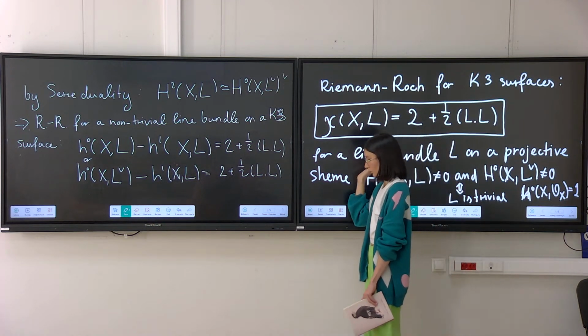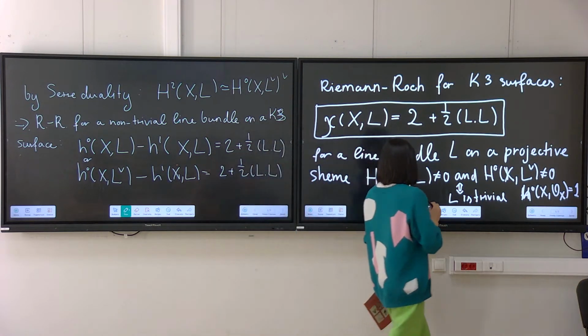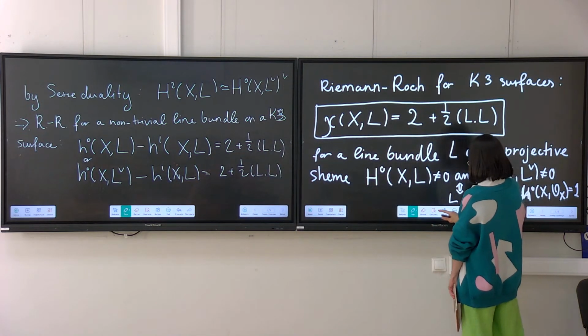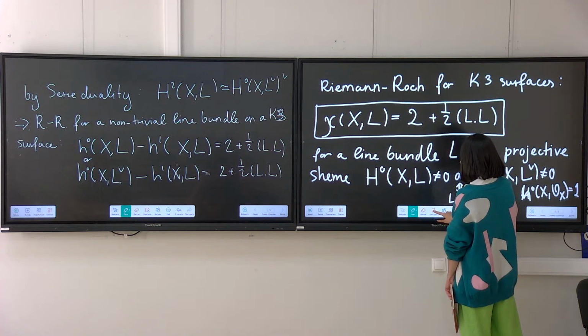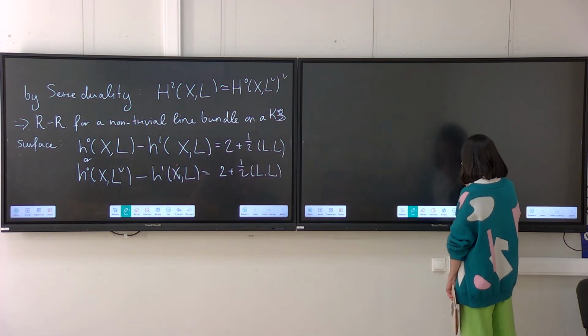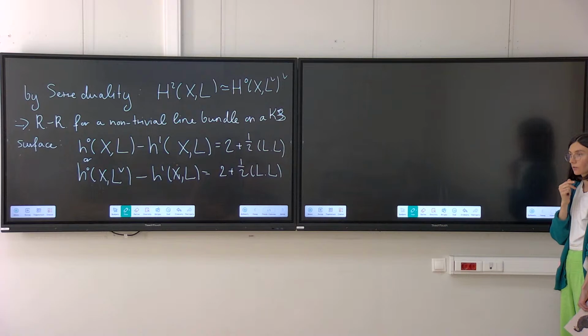So this statement will be just for projective K3 surfaces, but we will mostly be interested in projective K3 surfaces. So maybe it's important to state this theorem, because I also want to formulate another important computational tool in algebraic geometry, the so-called Kodaira vanishing theorem.